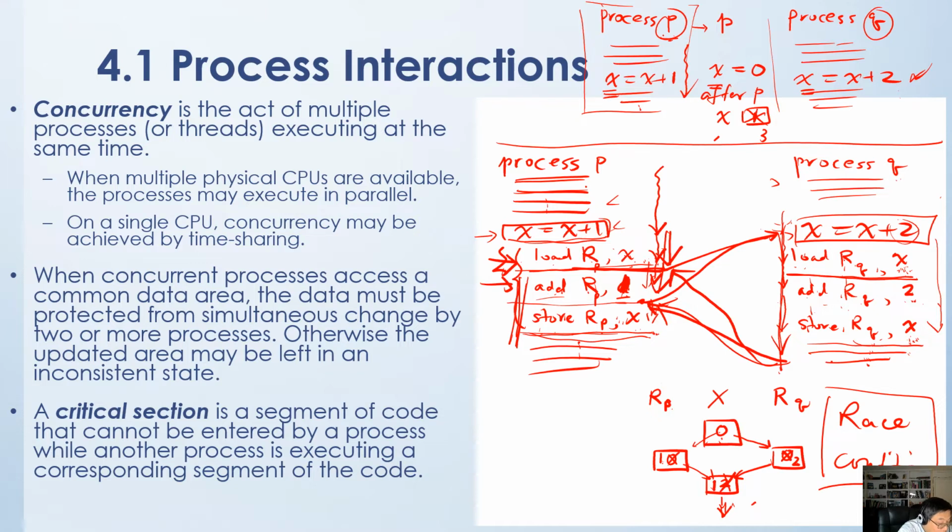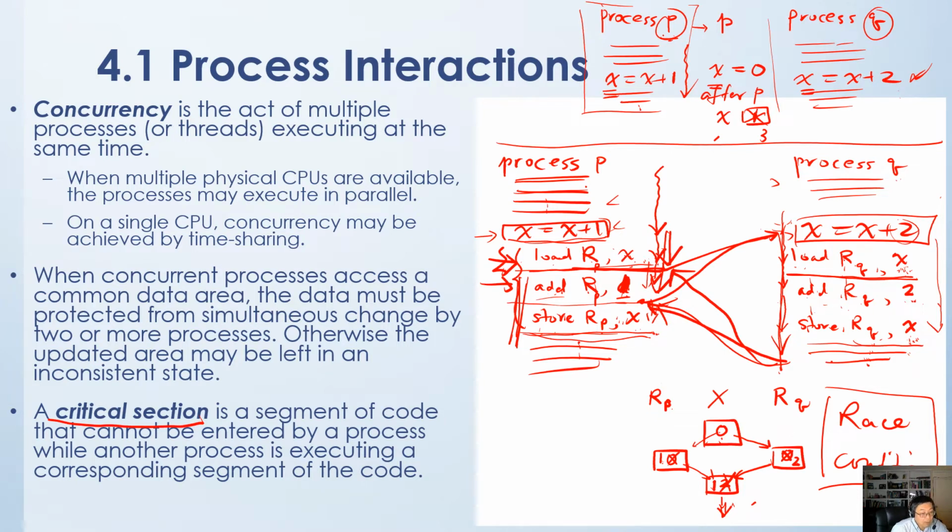Now, how to resolve that problem? Operating systems use something called a critical section to resolve that issue. A critical section is a segment of code that cannot be entered by a process while another process is executing a corresponding segment of the code.